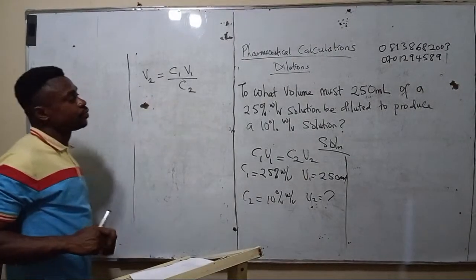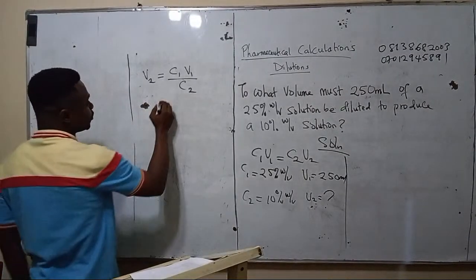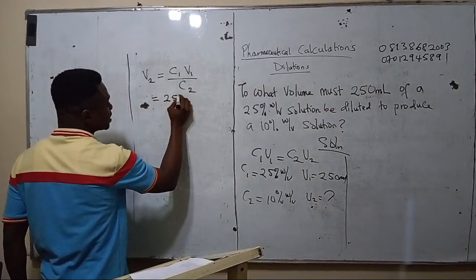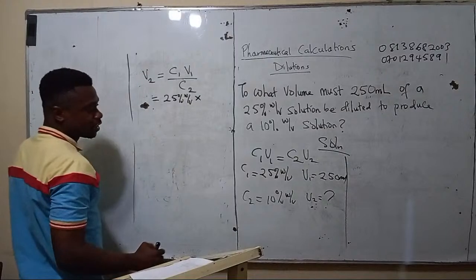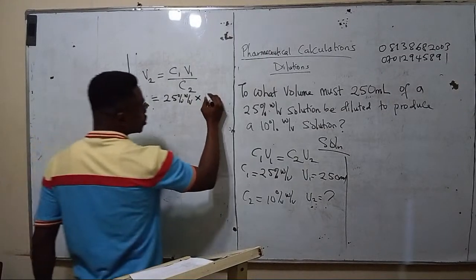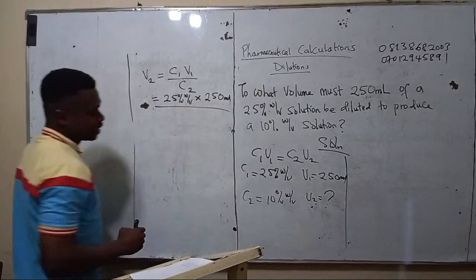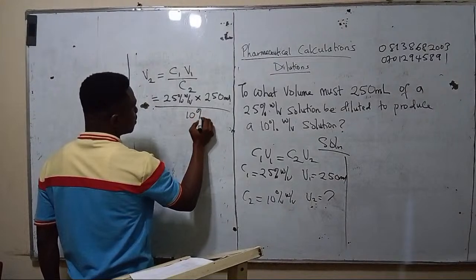So V2. Our C1 here is 25% weight in volume, times V1. Our V1 is 250 mil, divided by our C2, which is 10% weight in volume.